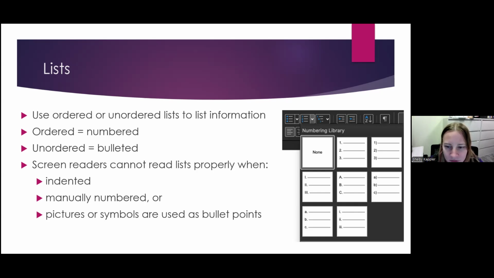But screen readers will not recognize it as a list if it's simply indented, if it's been manually numbered, or if fancy bullets like pictures or symbols are used as bullet points instead of the built-in bullet points.